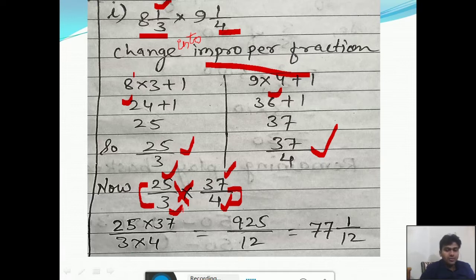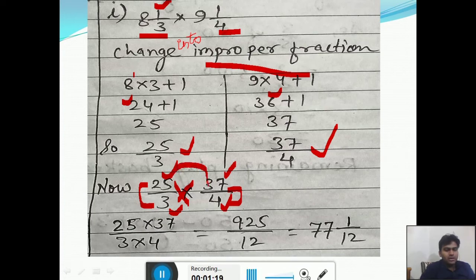So what do we have to do? We have to multiply the numerator with the numerator, means 25 into 37, and the denominator with the denominator, 3 into 4. So 3 into 4 equals 12, and 25 into 37 you will get 925.